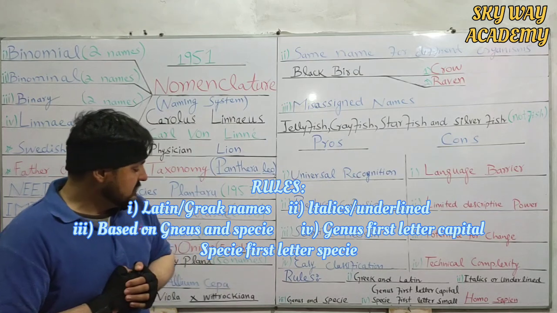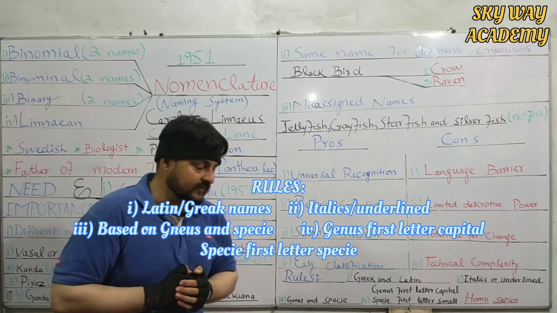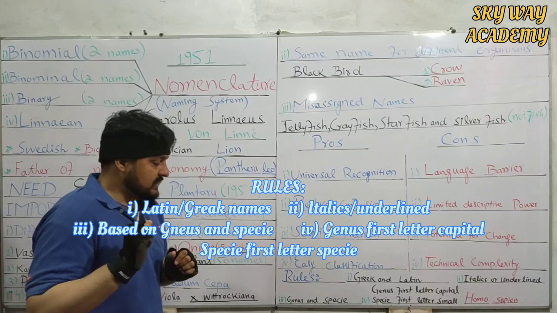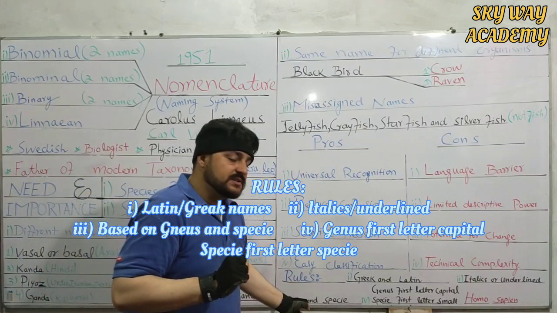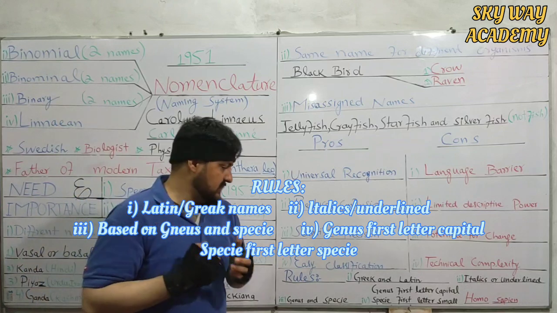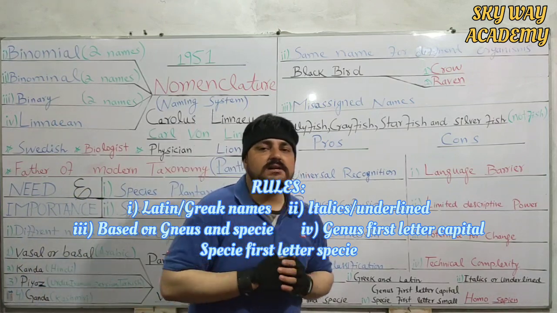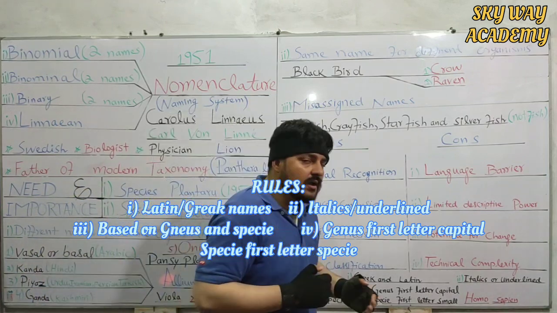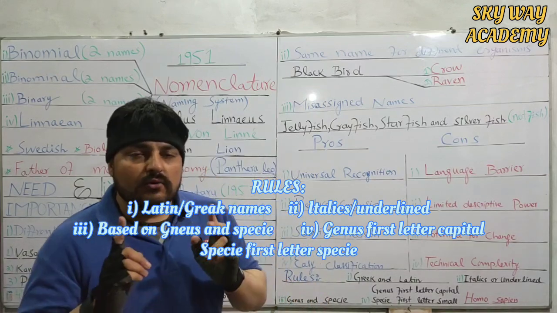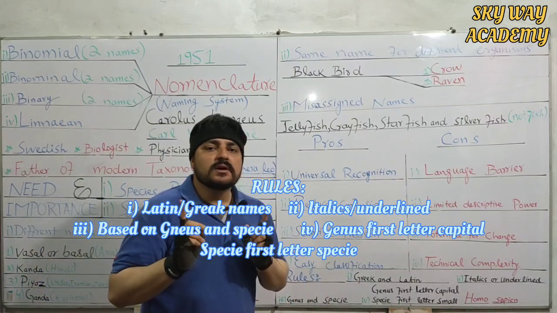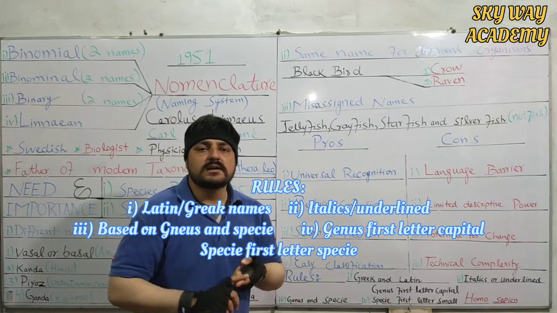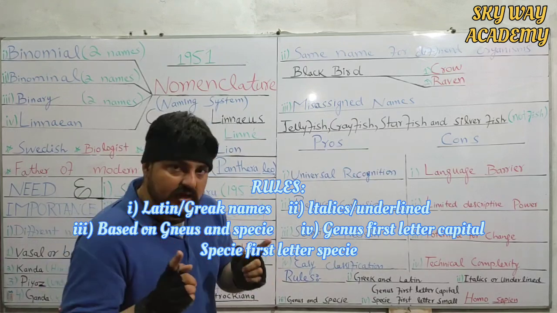The third rule is genus and species. It should always be a two-part name. The first should always be the genus and the second should always be the species or epithet. Species and epithet are the same thing. As you may know, species are organisms of the same group which can interbreed and produce fertile offspring.